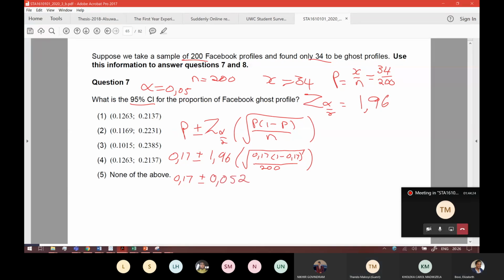Can we leave it at 4 decimals? Because the answer is required to be at 4 decimals. 0.0521.